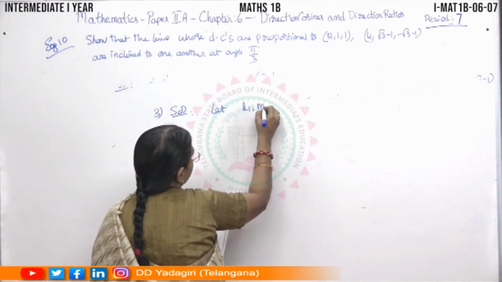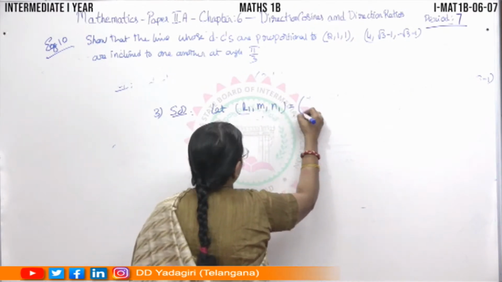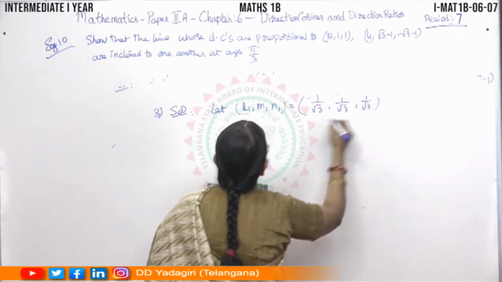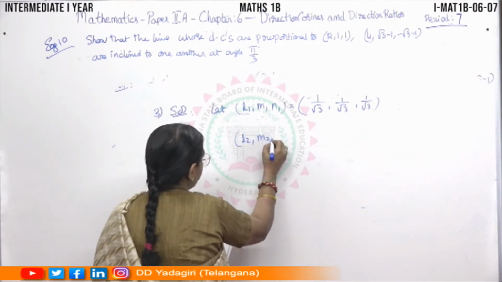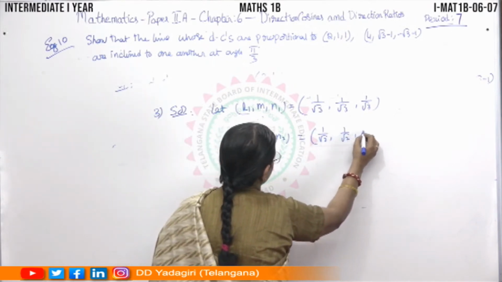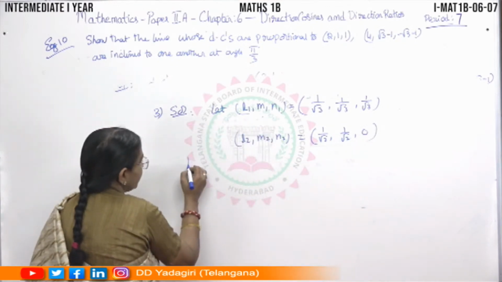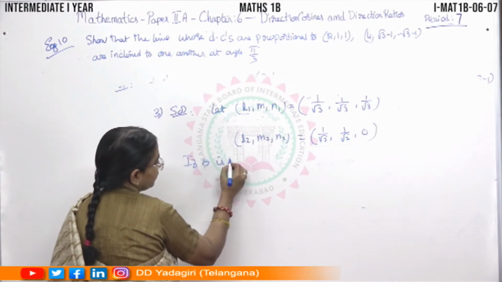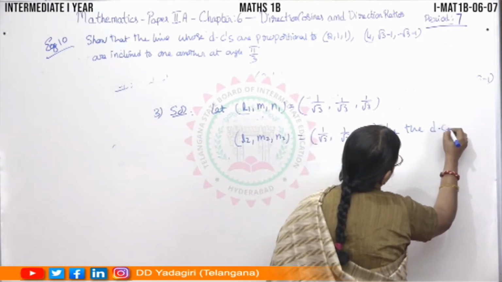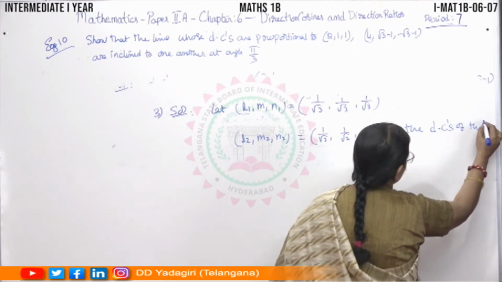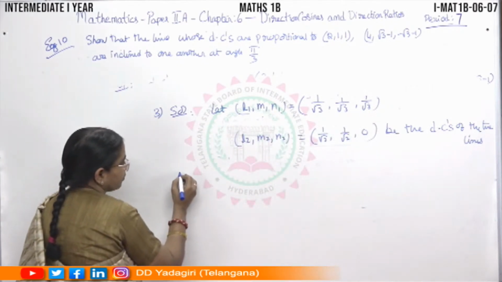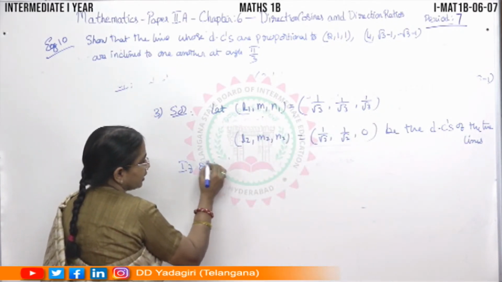Let L1, M1, N1 be the direction cosines, 1 by root 3, 1 by root 3, 1 by root 3, and L2, M2, N2 as the second one, 1 by root 2, 1 by root 2 and 0. Let these be the DCs of the two lines.